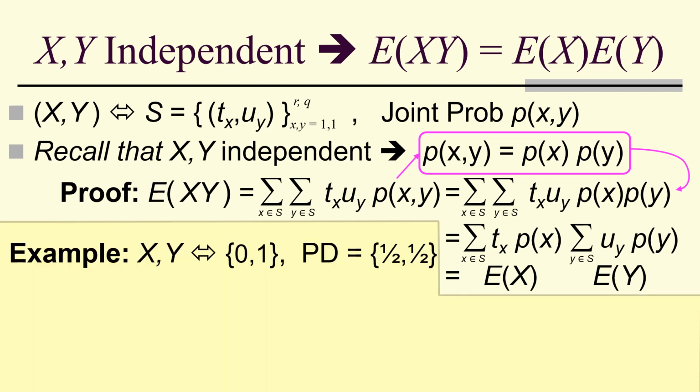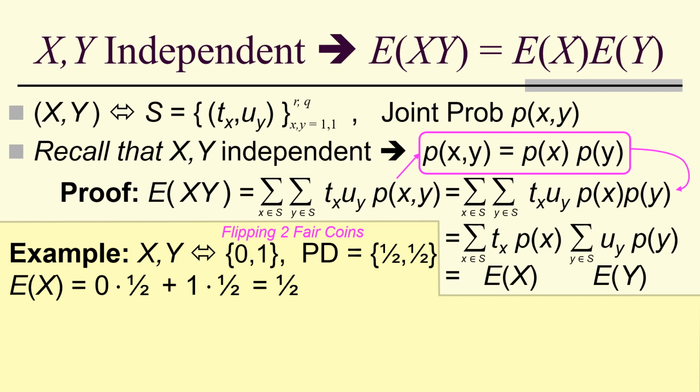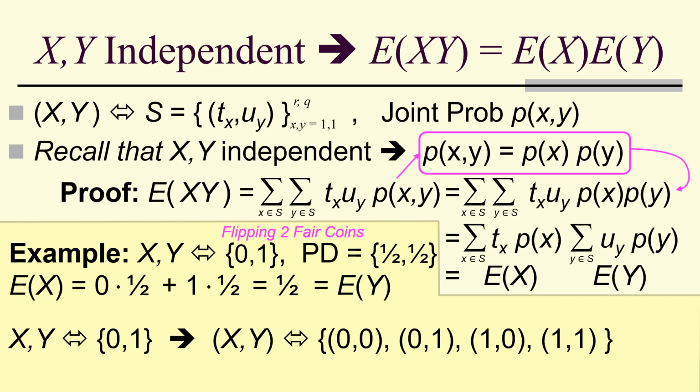For example, suppose X and Y are associated with 0, 1, and half probability for both. In other words, we're flipping two fair coins. The expected value is a half for X, and the expected value is a half for Y. If I've got X and Y in 0, 1, then the pairs XY are 0,0, 0,1, 1,0, and 1,1.